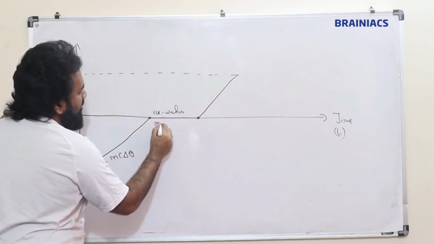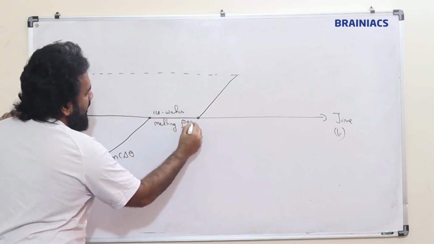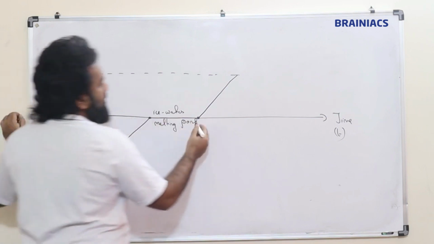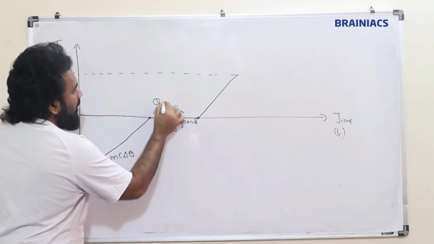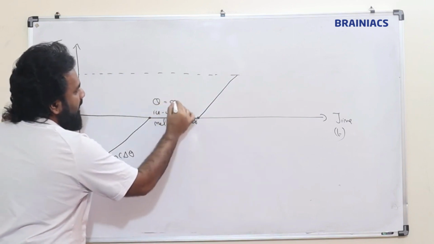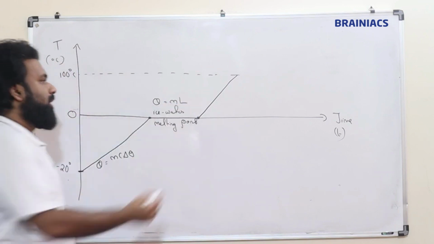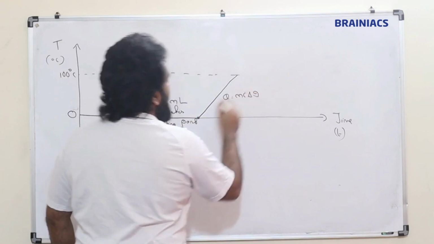This is nothing but the melting point, or fusion will take place, and this will be converted into water. The Q at this point is nothing but mL, the heat required is mL. In the next process again Q is equal to mc delta theta.